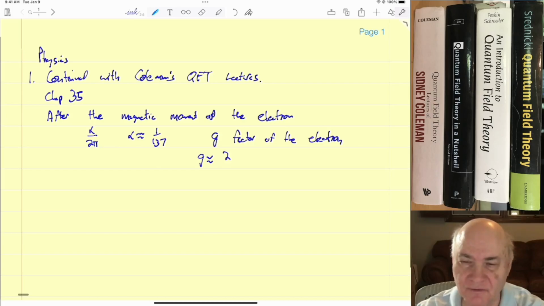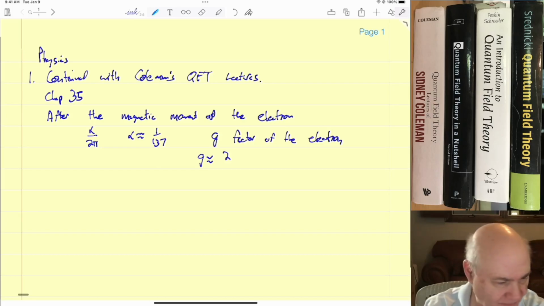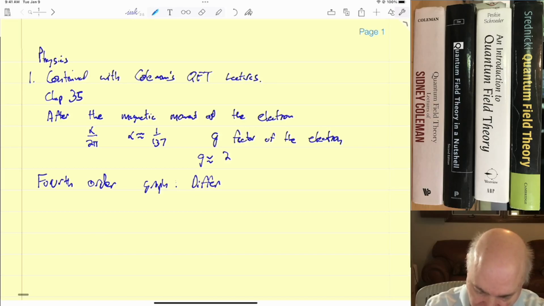For instance, I was always wondering, why is it different between the muon and the electron? And Coleman shows, at fourth order, the main difference. There are a lot of graphs, but this is the difference for electron and muon.